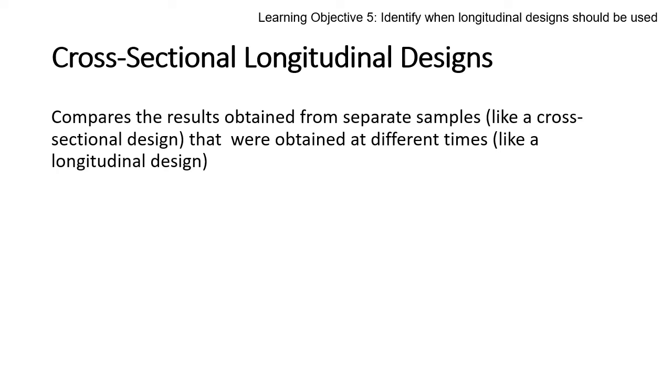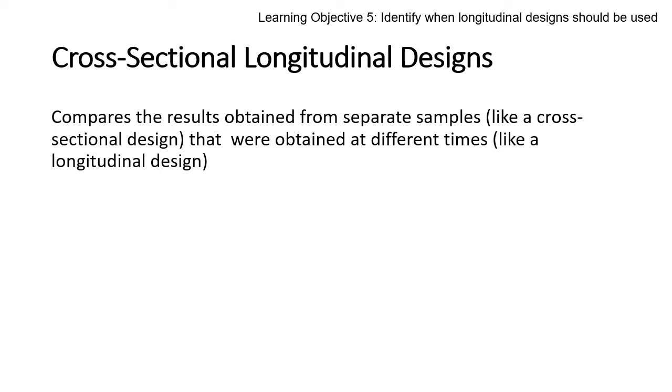Well, if I measured the same group on their internet usage when they're in their 20s, then in their 30s, and then in their 40s, yes, it takes 20 years to test this, but we could test the same participants over and over again. That's a longitudinal design.